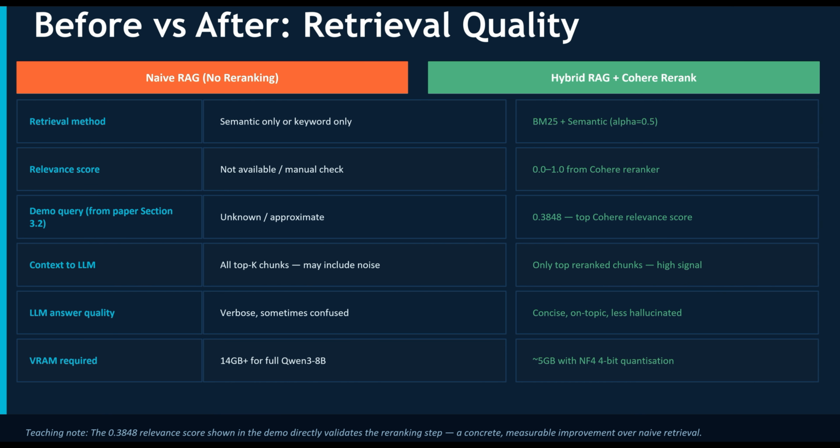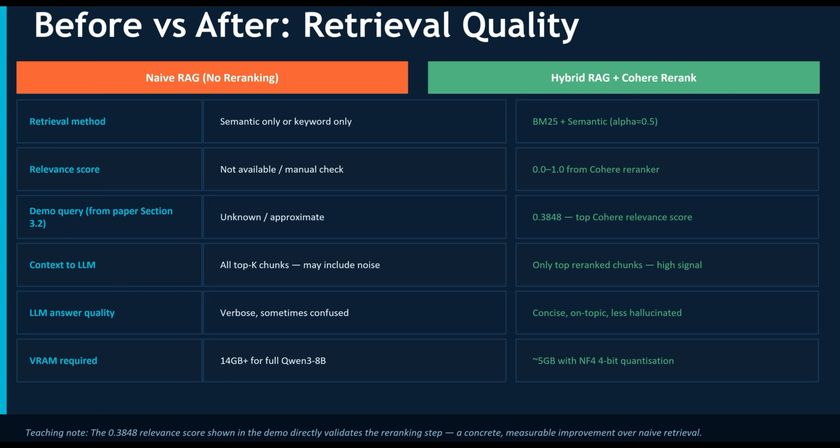Let me make the improvement concrete with a direct comparison. Without re-ranking, you are using either semantic or keyword retrieval with no relevance score, and all top-K chunks go directly to the LLM, including the noisy ones.